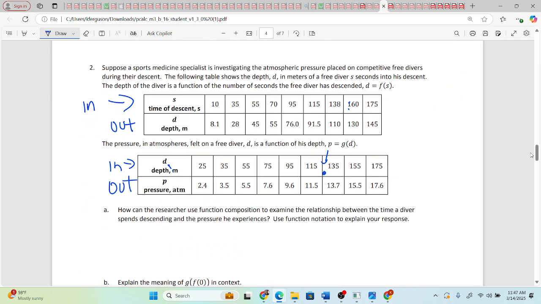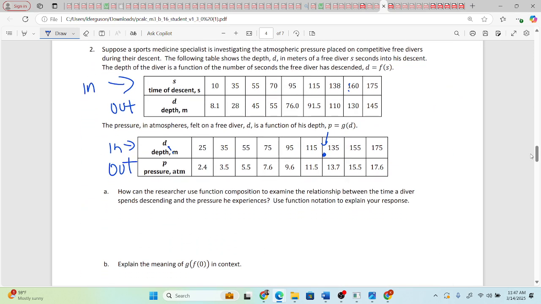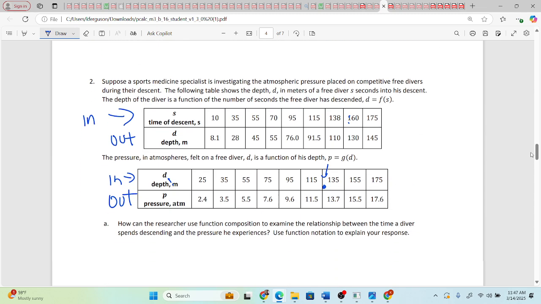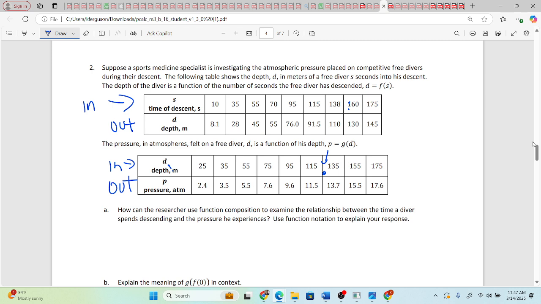So let's look at this one on the page, number 2. Suppose a sports medicine specialist is investigating the atmospheric pressure placed on competitive free divers. Isn't that what we just did? Yep, we got time of descent and depth, and then we got depth and pressure.